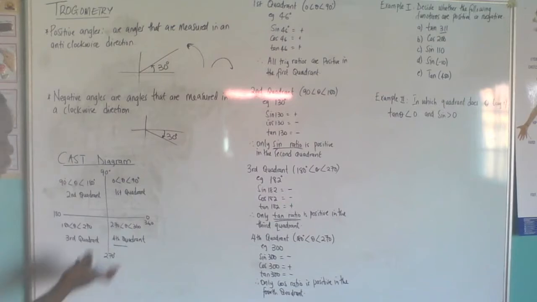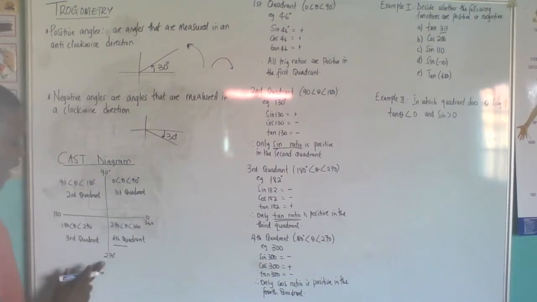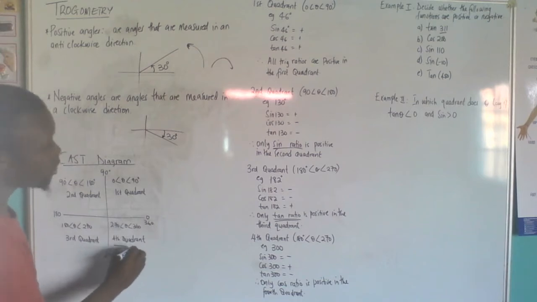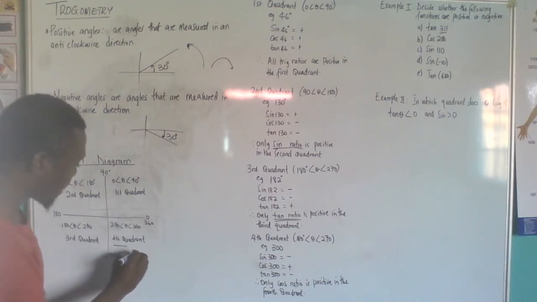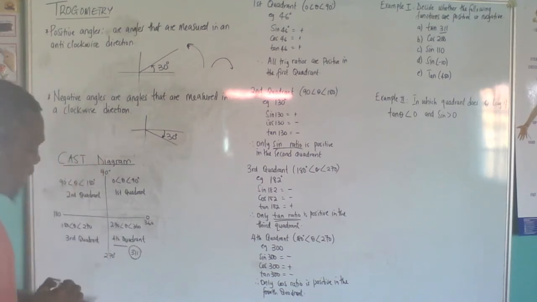Where is it? Is it between 0 and 90? No. Is it between 90 and 180? No. Is it between 180 and 270? No. It's between 270 and 360. So this angle, 311, is located somewhere here. What is happening here?